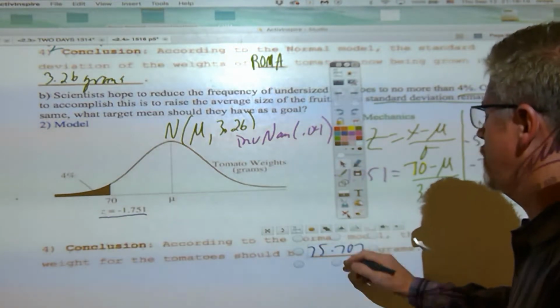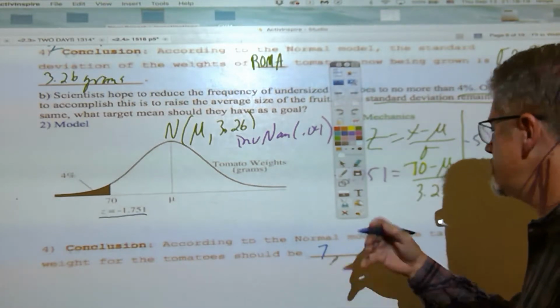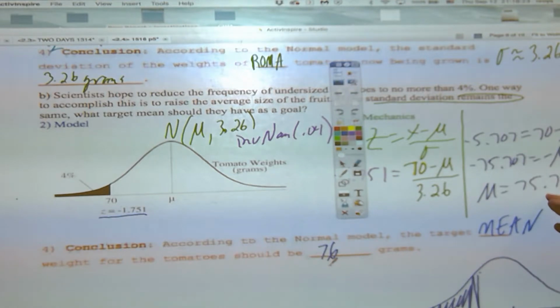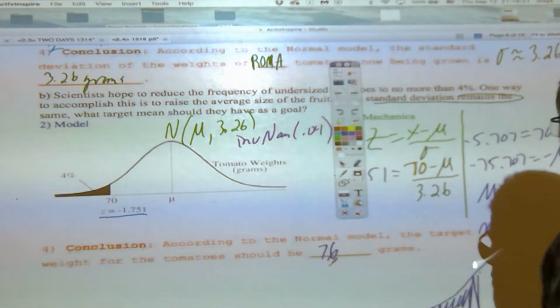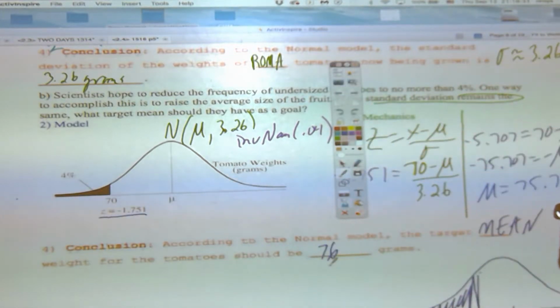Let's just play it safe. We're going to do all this work to genetically engineer these things so they're bigger. Let's get them up to 75.7, or about 76 grams. Then we will have achieved our goal of having only a 4% too small rate.